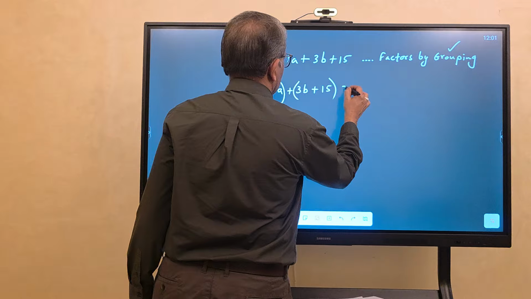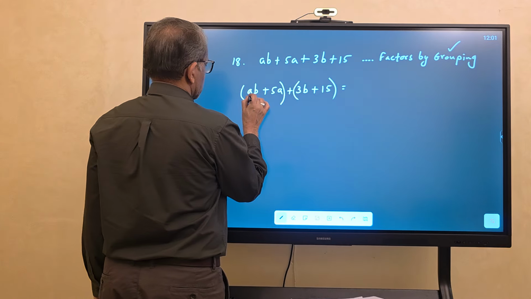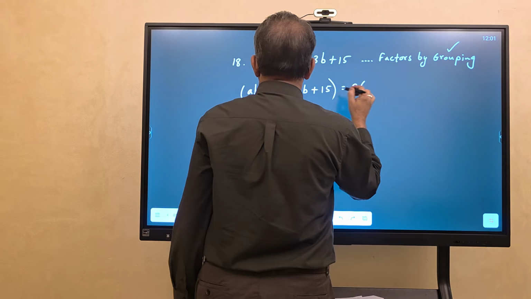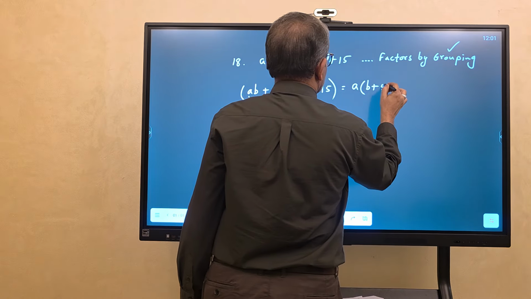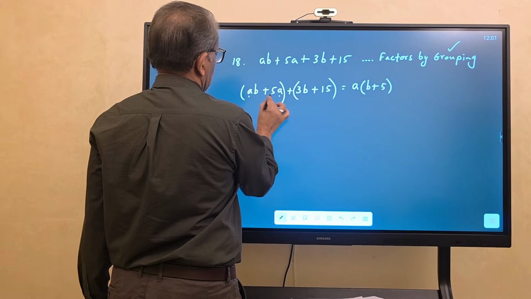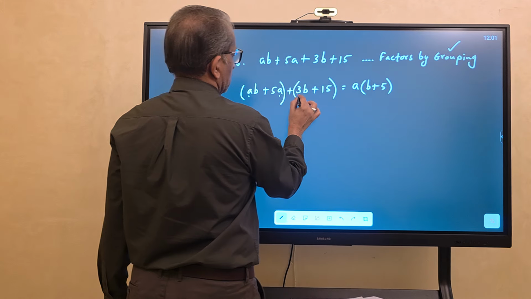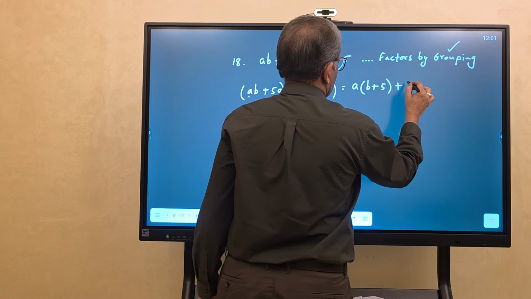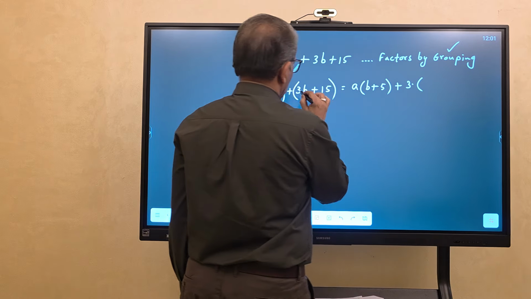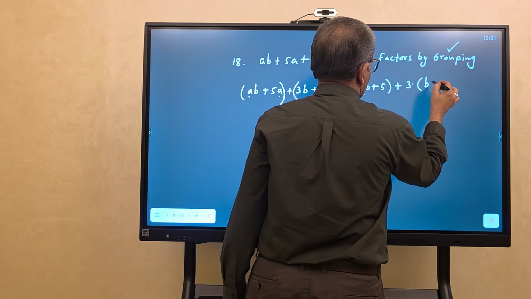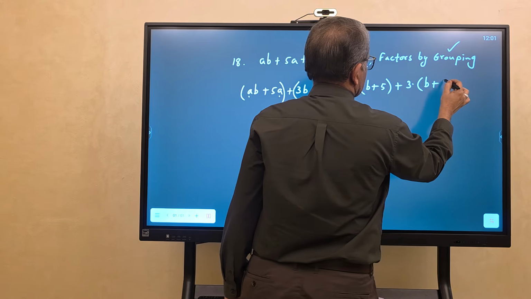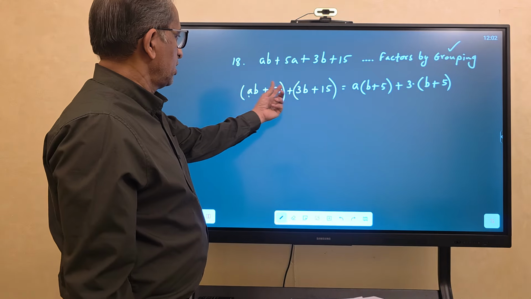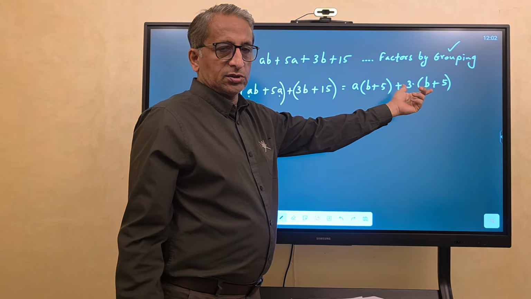Now check. In this, do you have a common factor? Yes, a. Take a out. What is left? It is b plus 5. I take a common, b plus 5. Here, do you have a common factor? Yes, 3 and 15. You have a 3 common. What is left? b, right? And from 15, that means it is 5. Like that, in these two I take common, and in these two I have taken common.